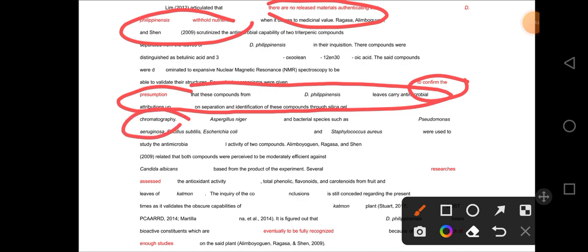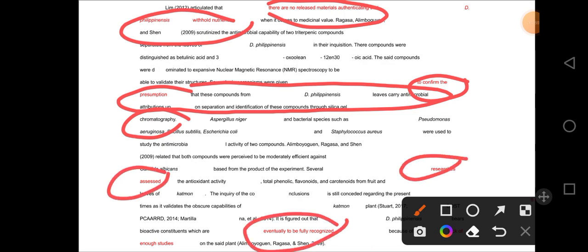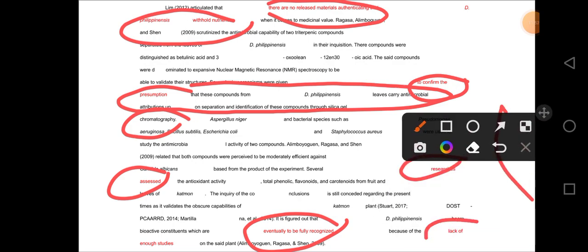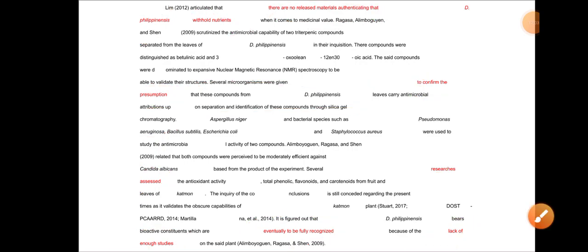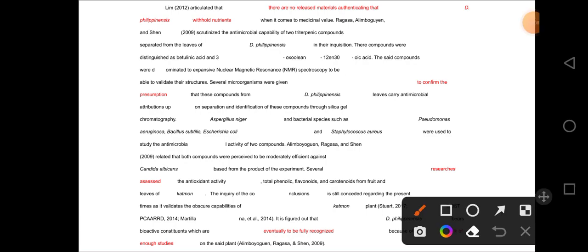And then we have here researches assessed, and eventually to be fully recognized, as well as lack of enough studies. Notice, class, how contrasting these highlighted statements are from one another. And from these contrasting statements, we can say that there are sides that are considered to be positive, and there are sides that are considered to be negative.